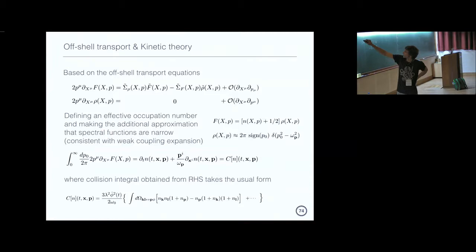You get P0, then the spectral function gives you an inverse P0, so you just get the time derivative of n. Then you get the usual gradient term, and you get whatever is left on the right-hand side, which is the collision integral.